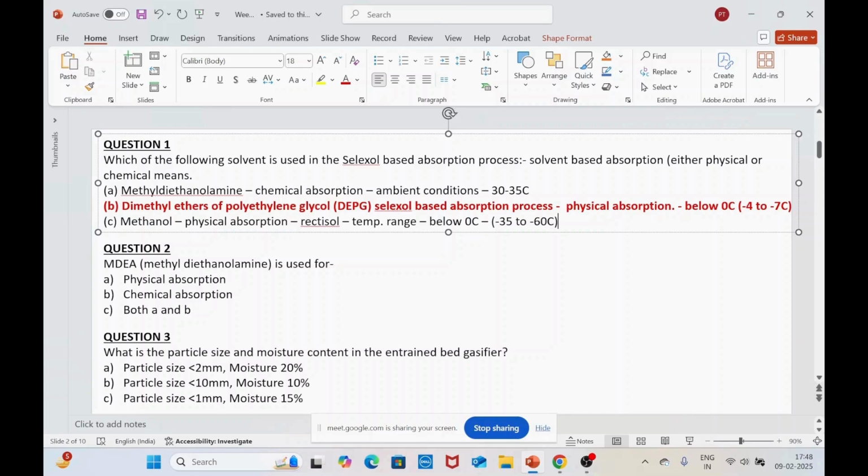However, the CO2 percentage remains a variable, but there is one process among the three which has a CO2 percentage around 98.5 to 99 percent, similar to H2S. So which is that particular process here? Is it the first one with the chemical absorption, or is it Selexol, or is it Rectisol?